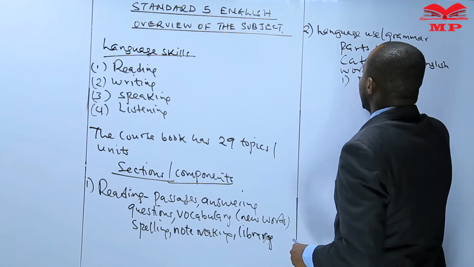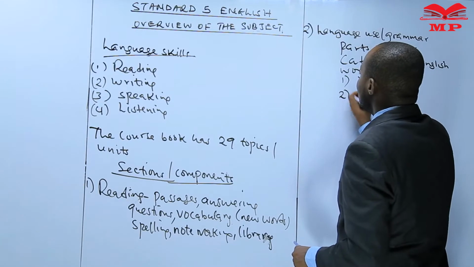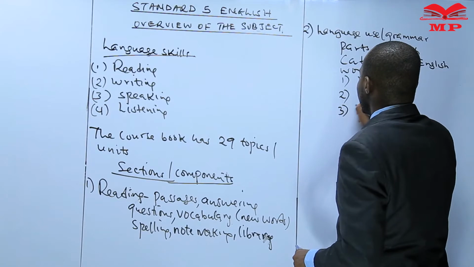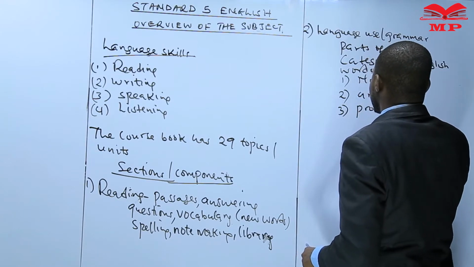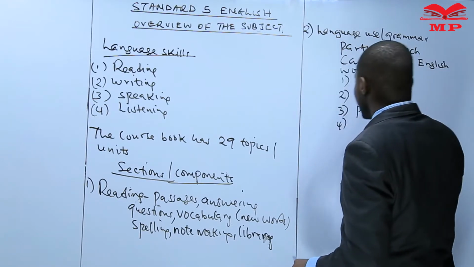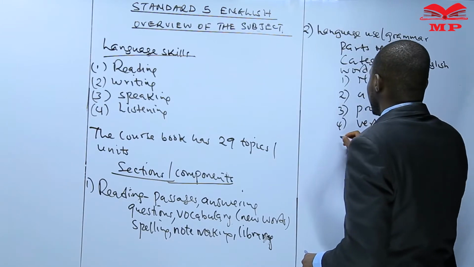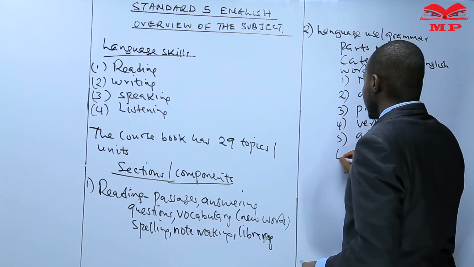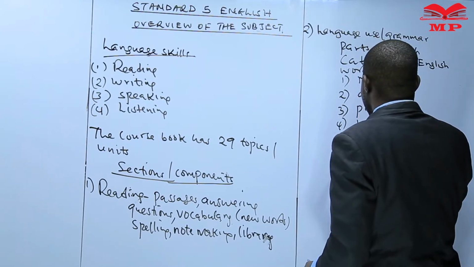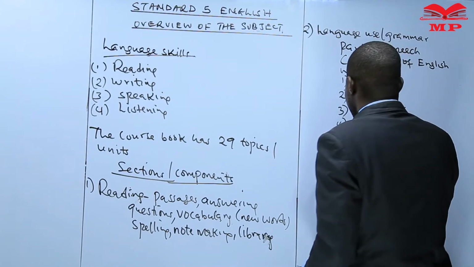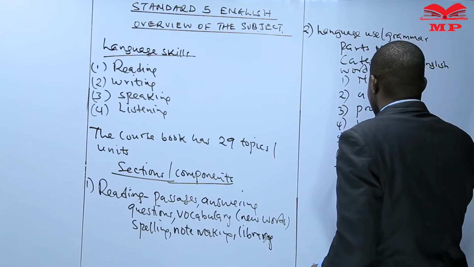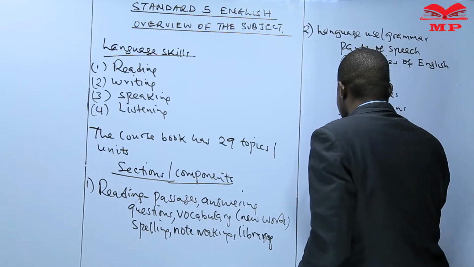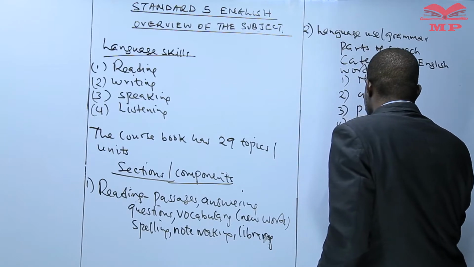1, nouns. 2, articles. 3, pronouns. 4, verbs. 5, adjectives. 6, adverbs. 7, prepositions. 8, conjunctions.